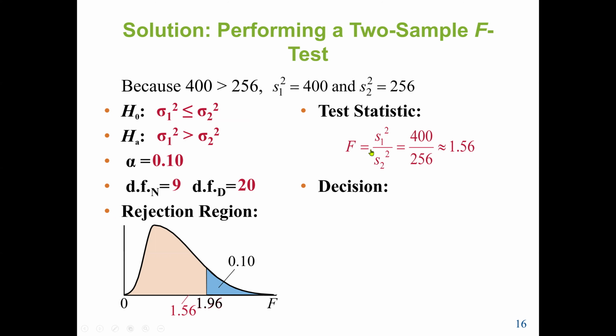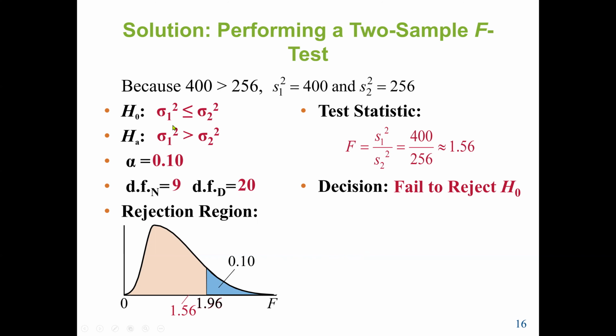Next, let's find the test statistic, which is s1 squared over s2 squared, which gives us 400 divided by 256. That gives us 1.56. 1.56 went to the left, which means we are going to fail to reject H0. We will accept H0.